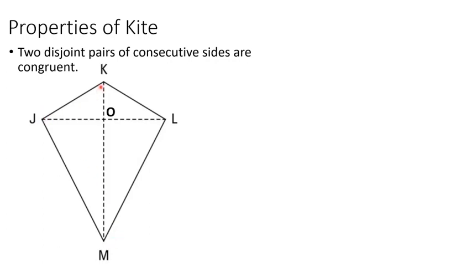So therefore, JK and KL are congruent, and JM and LM are congruent. So if JK is 5, KL is 5. And if JM is 14, therefore LM is also 14.